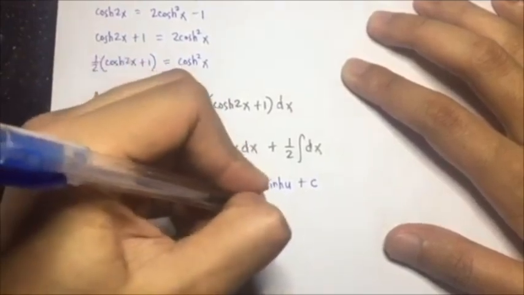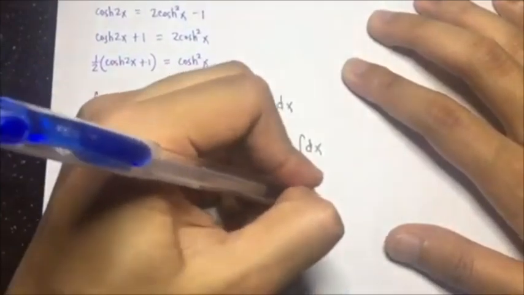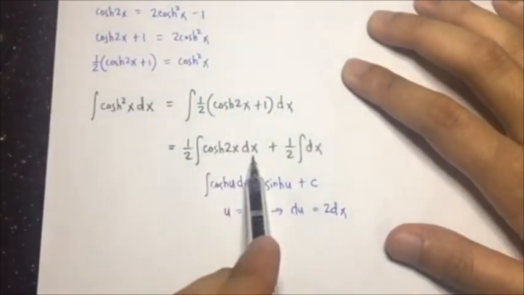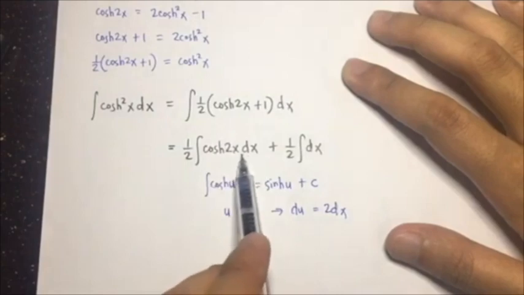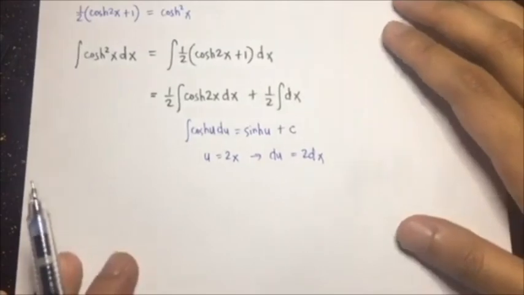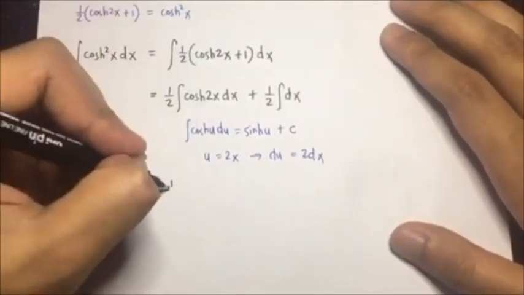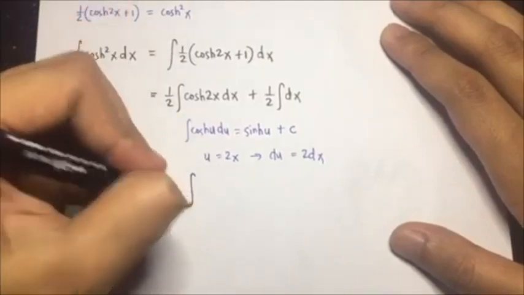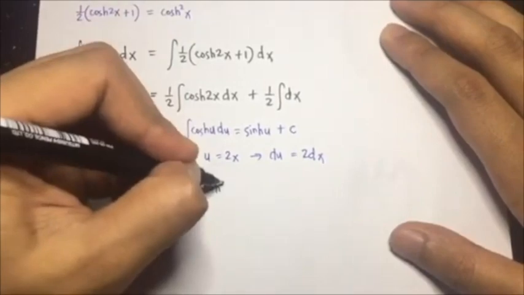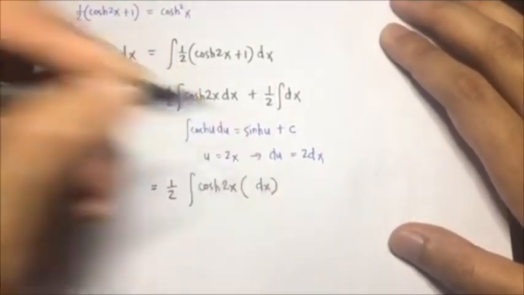Therefore, our du should be equal to 2 dx. As you can see, there is a missing part in the differential, so the differential is still incomplete. To complete our differential, we will have 1/2 integral of hyperbolic cosine of 2x times dx.